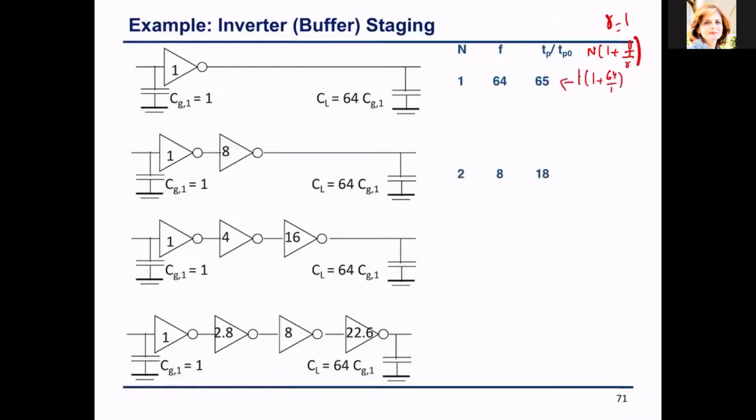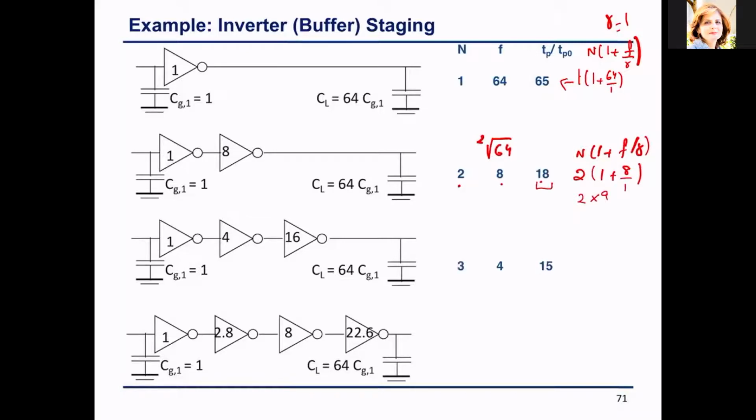Now for this one, n equals 2, we agreed, and f is the square root of 64, which is 8. Here it is 2 into 1 plus 8 over 1, meaning 2 times 9, which is 18.